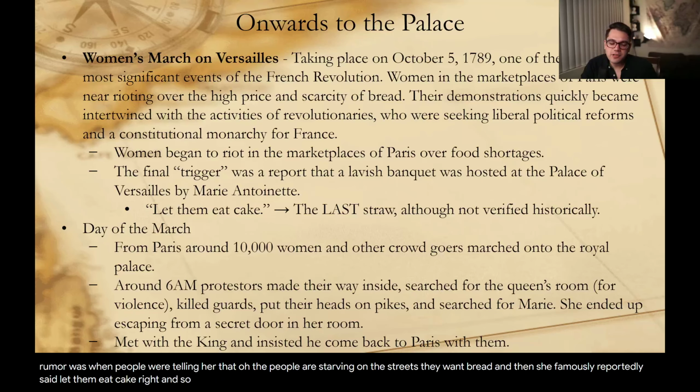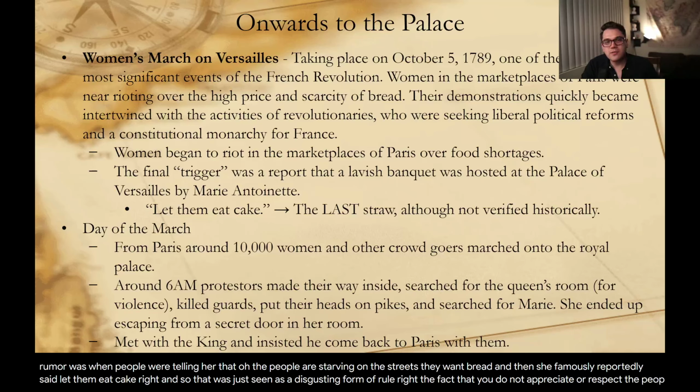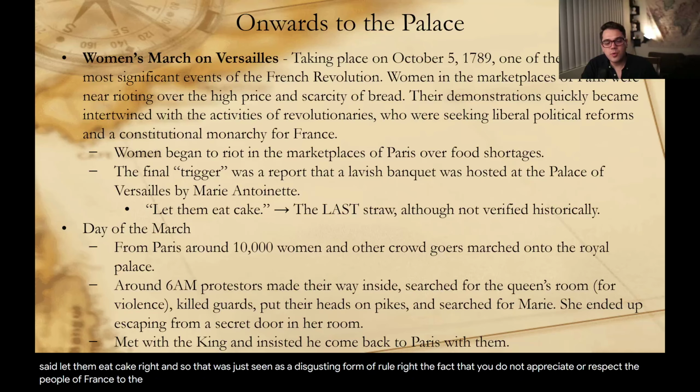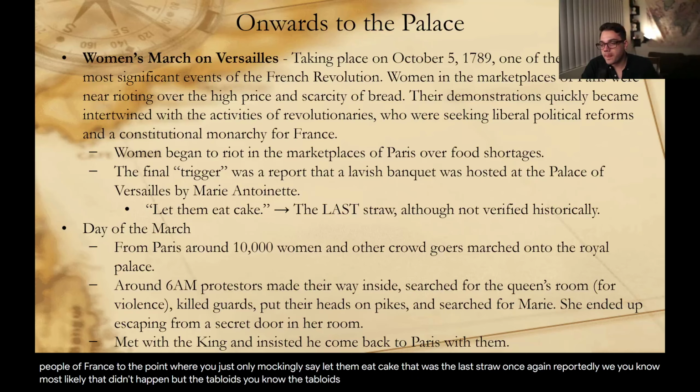And so that was just seen as a disgusting form of rule, right? The fact that you do not appreciate or respect the people of France to the point where you just jokingly, mockingly say, let them eat cake, that was the last straw. Once again, reportedly, most likely that didn't happen, but the tabloids, the tabloids.